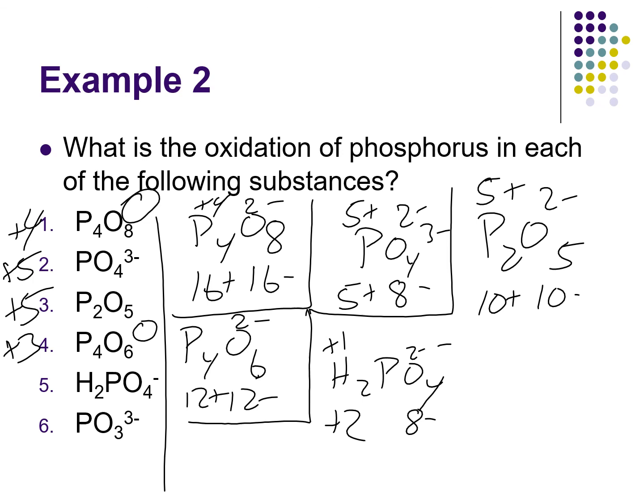So if the compound has an overall charge of a single negative, like we see right there, we have a plus 2 and a negative 8. What does that phosphorus have to be? If I look at just the plus 2 and the negative 8, that adds up to negative 6. So in other words, what plus negative 6 equals negative 1? And that is plus 5.